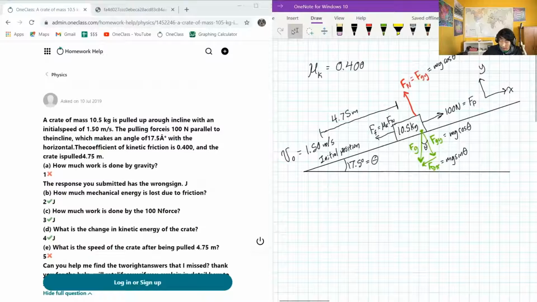Okay, cool. And so what we want to do first is find the amount of work done by gravity.